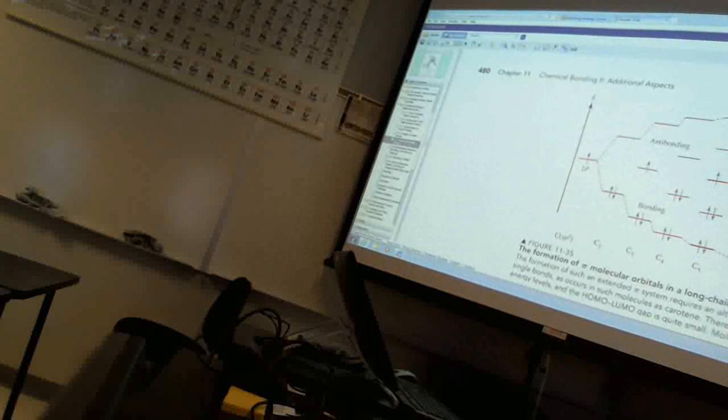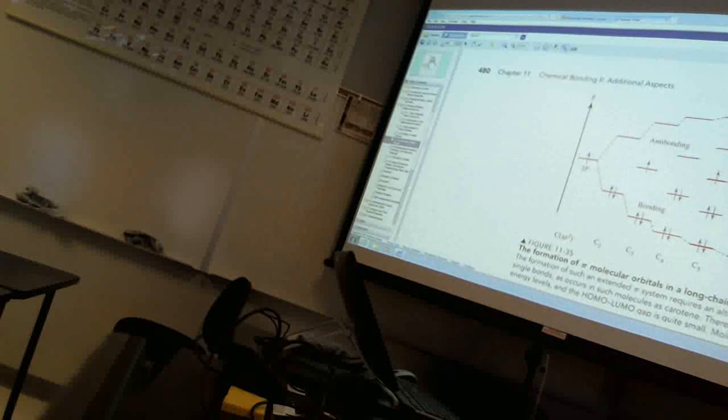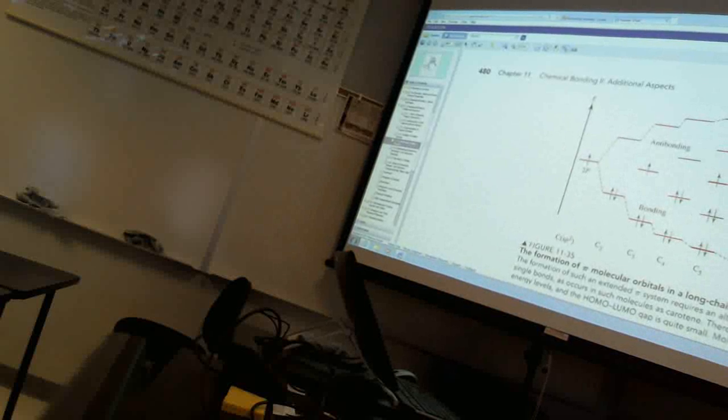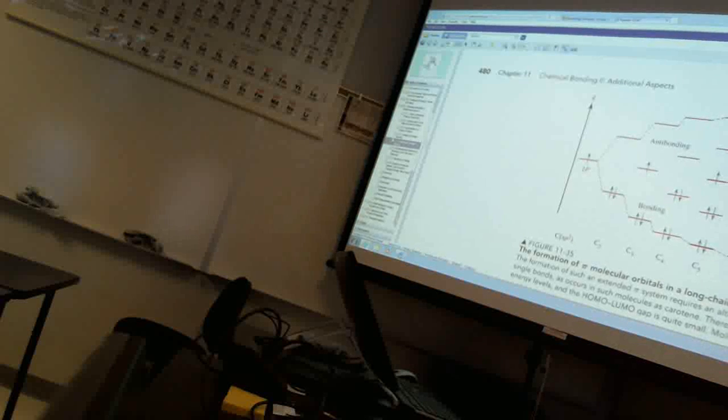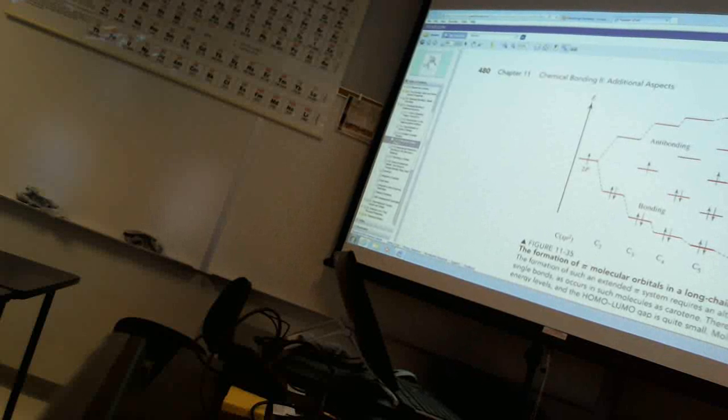If we take an infinite number, let's say an Avogadro's number's worth, we're going to get an Avogadro's number's worth of MOs. This is only 16, but the MOs are going to get so tightly spaced that we start calling them bands of MOs.